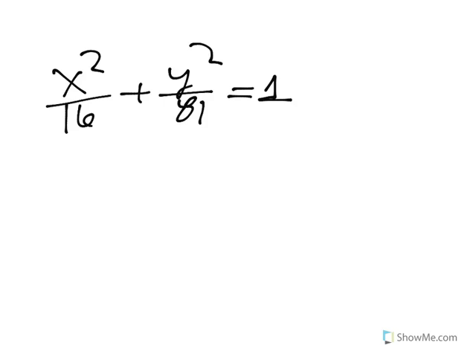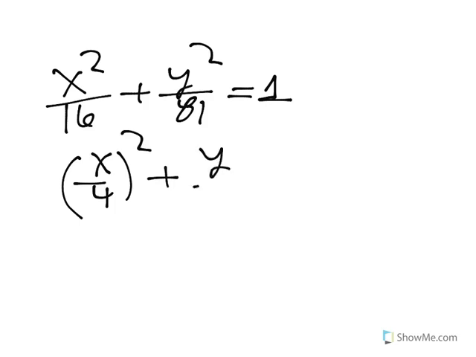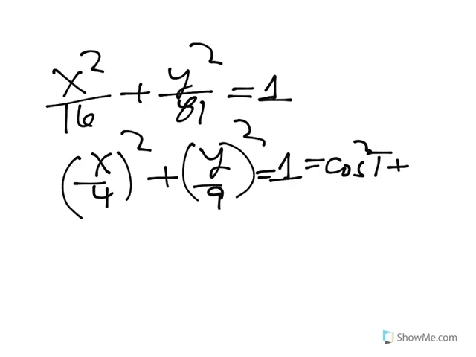This equation is not in that form, but we can still introduce the parameter by writing it like this. And since you know the identity cosine squared t plus sine squared t equals 1, we could also go in the other direction.